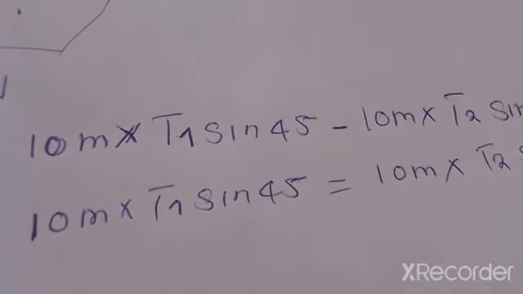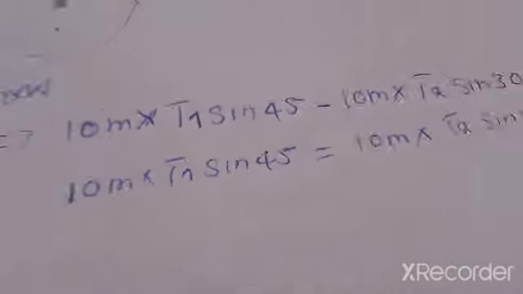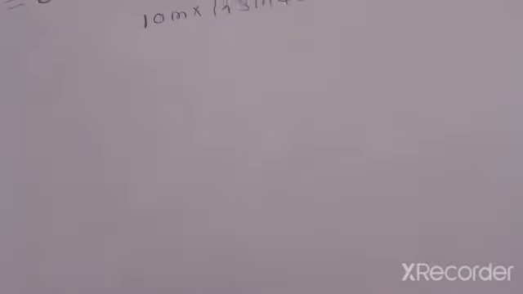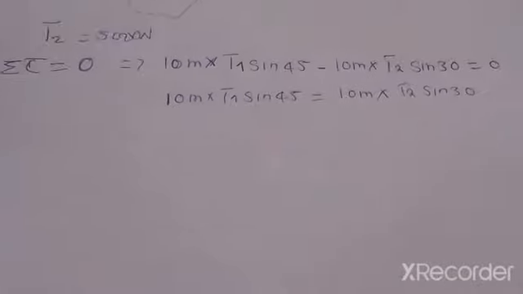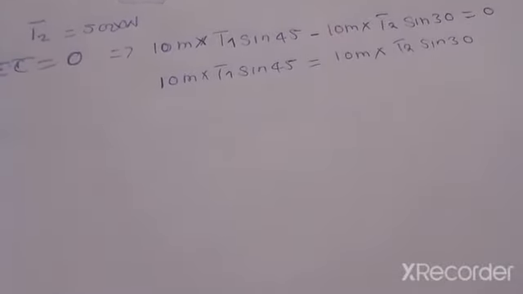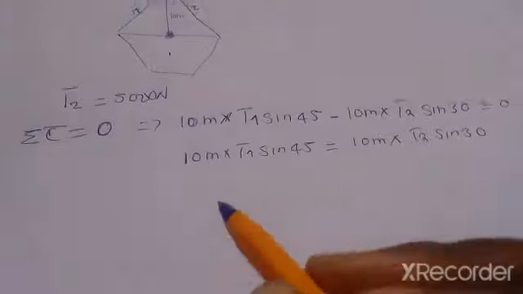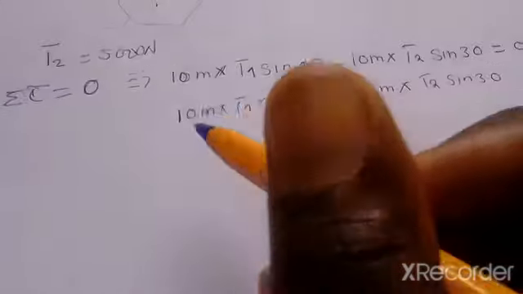So if we simplify, we know that T2 is equal to 5,000 newtons. We've already been given that.